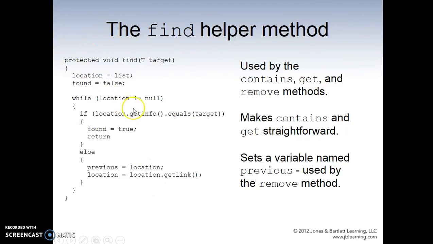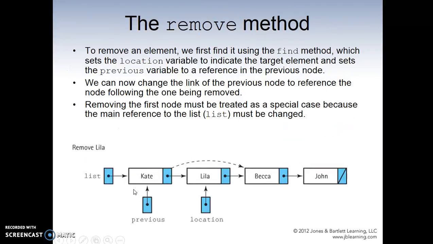If we found it, then we return true. Else, just change the location, keep everything, right? We need a pointer previous to help. Remove. Once found, we can just set the previous. The reason we need previous to help is that we can set previous.setLink to location.getLink.